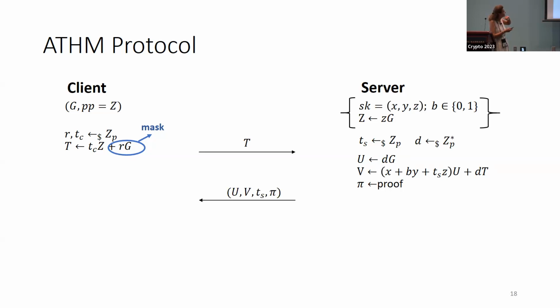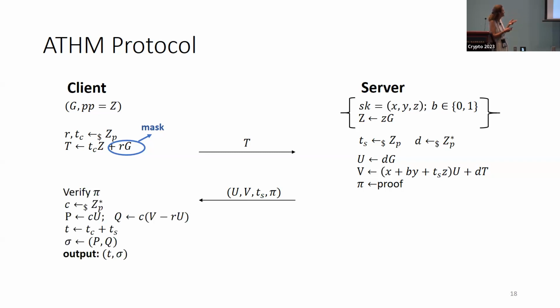So given the UV pair, the proof pi, and the TS, the client can finalize the token by first re-randomizing the U and V, also unmasking, and then computing a tag T, which is the addition of TC and TS, jointly computed by the server and the client here.